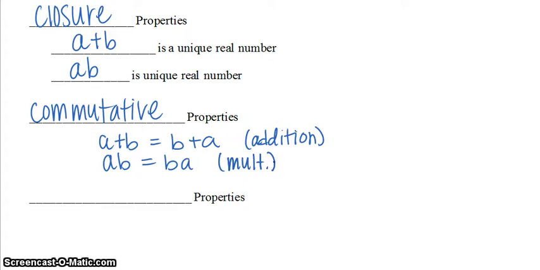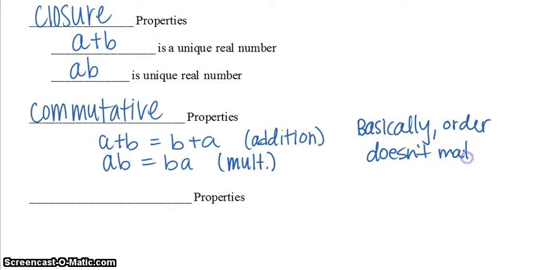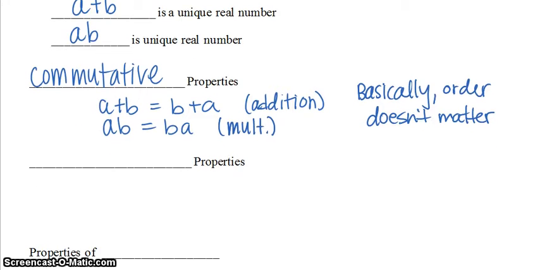Another way to think about it, order doesn't matter, and that's only for those two. Subtraction and division do not work for the commutative property.